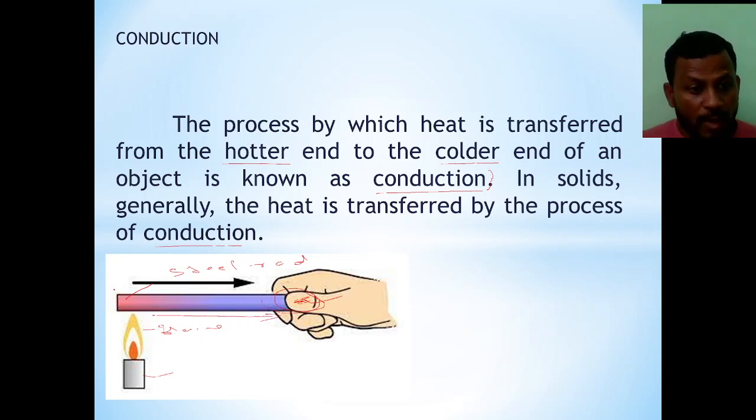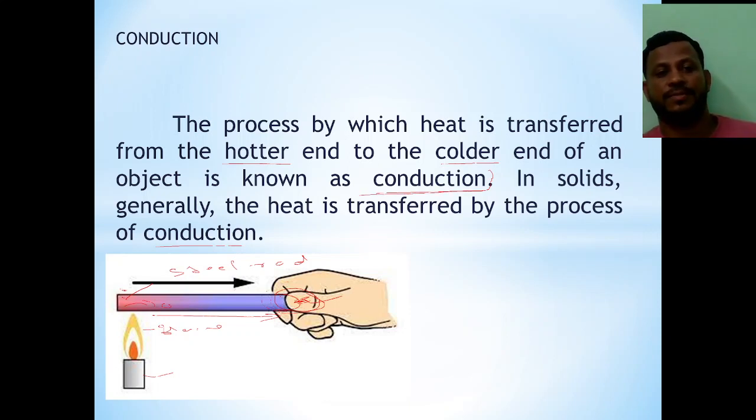Because the particles present in this steel rod start to transfer heat to their neighboring particles. This process continues until the heat reaches the other end of the rod. This is the process of transferring heat in a solid. This process is known as conduction.